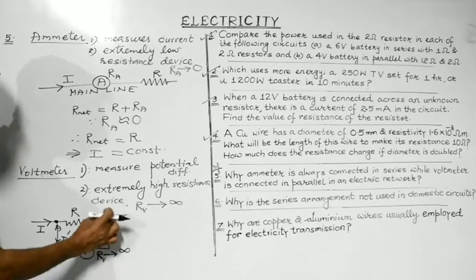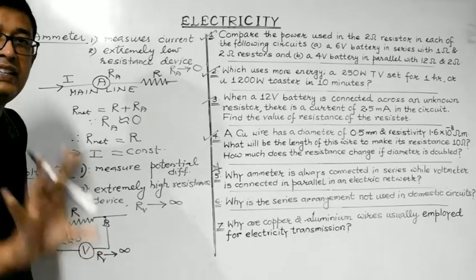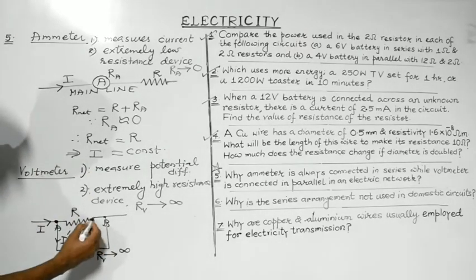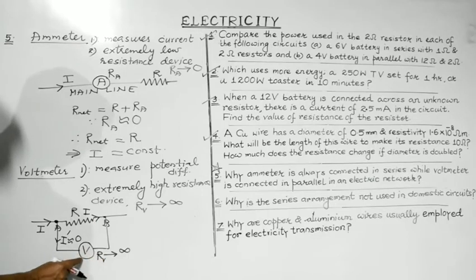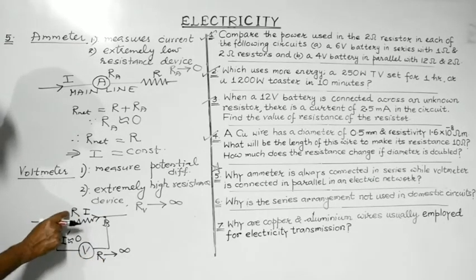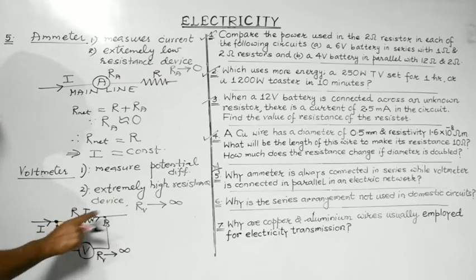Almost, it will not draw any current from the main circuit. So the same current will flow through the resistor. So even on the introduction of this voltmeter, the current flowing through this resistor will remain same.